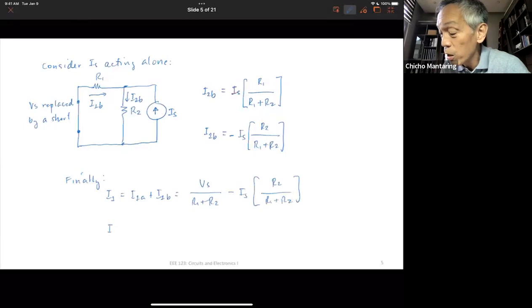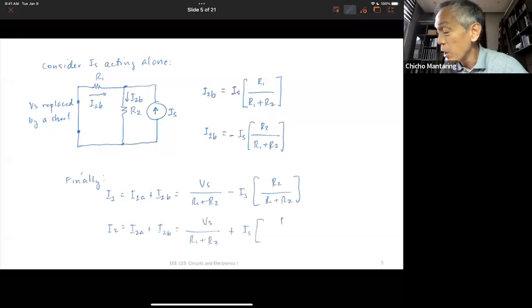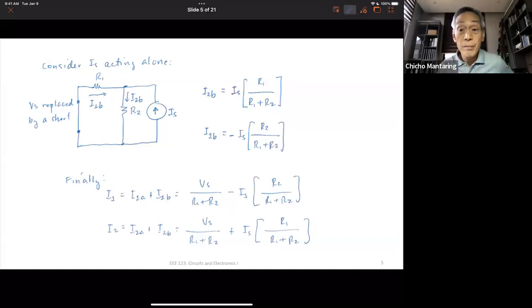And I2 will now be I2A plus I2B, which is VS over R1 plus R2 plus IS multiplied by R1 over R1 plus R2. Any questions? So it looks quite straightforward.